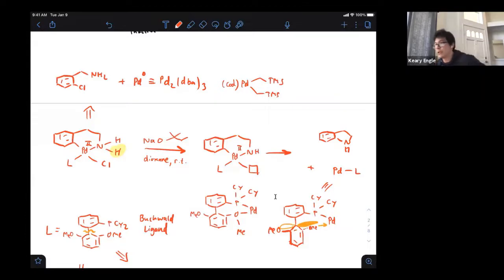Lots of different palladium 0 sources here, so none are wrong a priori. Okay, and then let's just finish up this discussion. So this is the so-called G1 Buchwald precatalyst for cross couplings and Buchwald-Hartwig aminations.